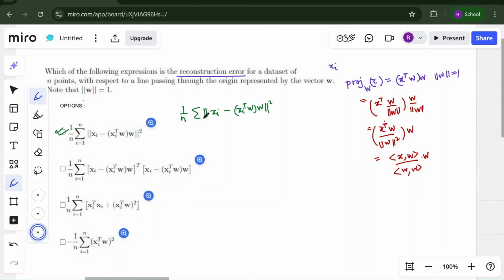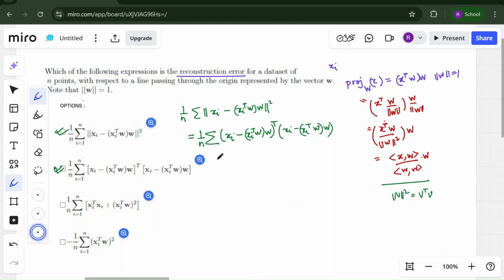But now using the fact that the norm of v square is the same as v transpose v, I can write this as (xi minus xi transpose w times w) transpose (xi minus xi transpose w times w). Now that is the second option, right?